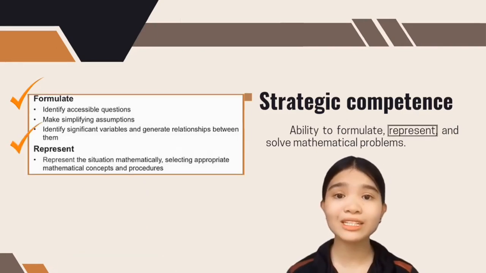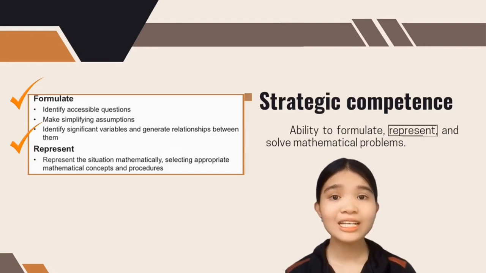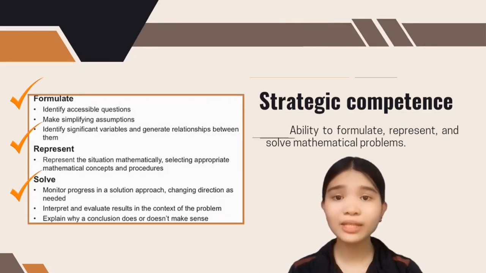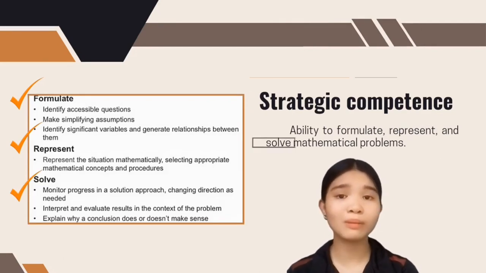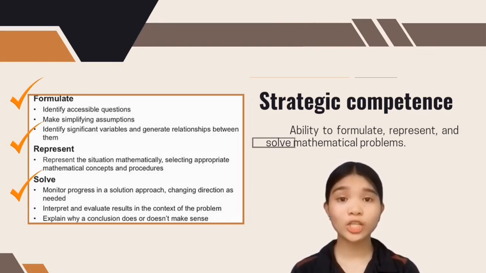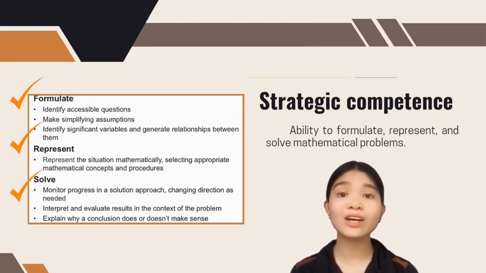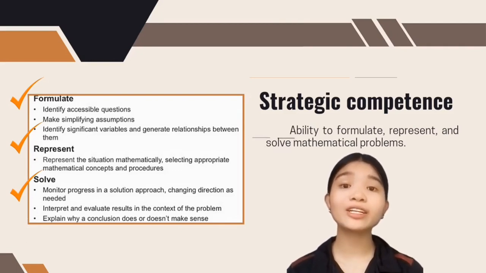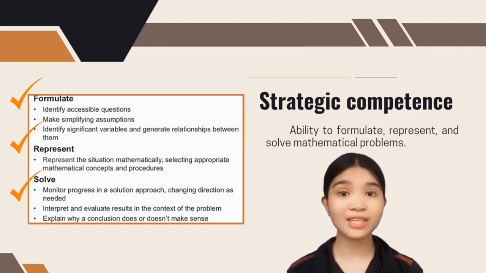They have the ability to represent the situation mathematically, selecting appropriate mathematical concepts and procedures, and the ability to solve mathematical problems, which means they can monitor progress in a solution approach, changing direction as needed, interpret and evaluate results in the context of the problem, and explain why a conclusion does or doesn't make sense.